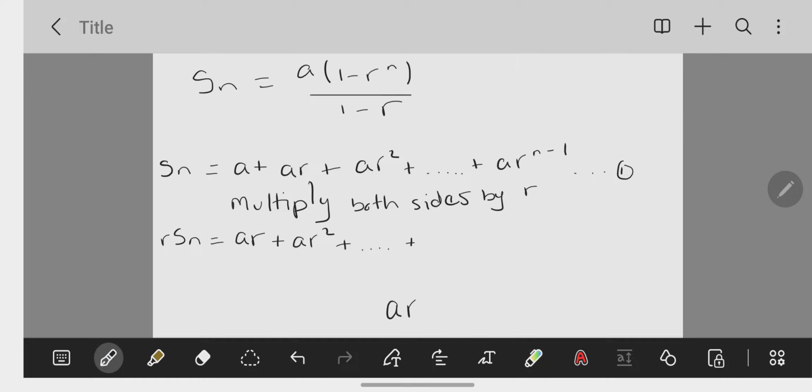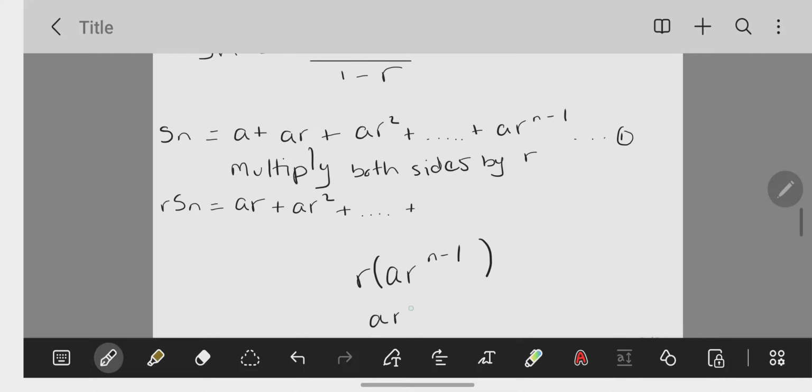So if I take ar to the n minus 2, which is the second last term, and I multiply it by r, I'm going to have ar to the n minus 1, because these bases are the same, so I add exponents.